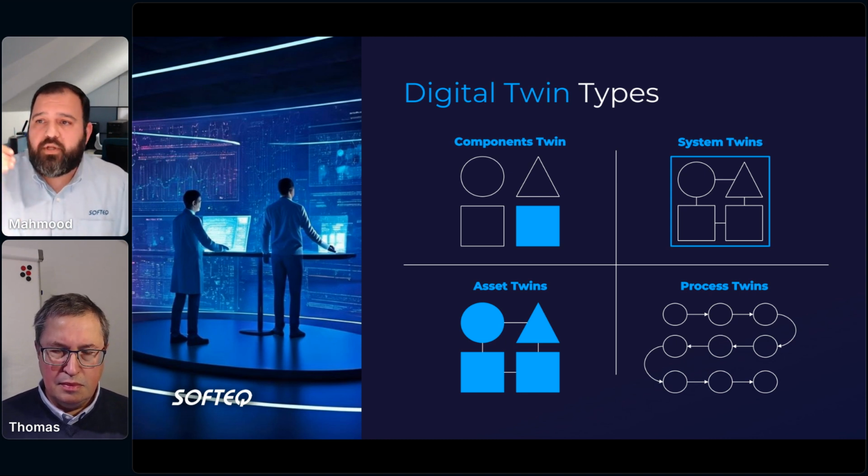If we go a bit further and zoom out, it's the process digital twin. We have the components, so we know how they work together. We go to the asset twin, then the system twin, and then the process twin, a higher level digital twin. Consider one big company which has different factories.